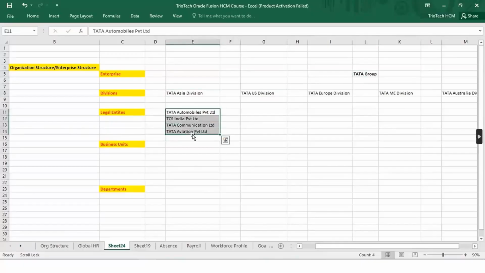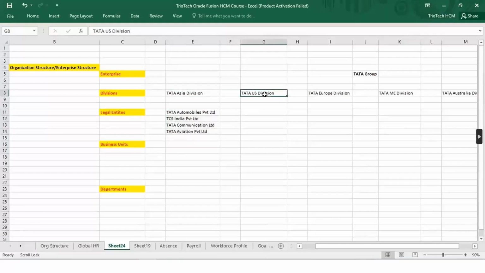Let's assume as of now, for our training purpose, I'm limiting to 4. But really, if you go with Tata, they have many companies in India, they are operating, team. But for example, consider this. So these are the legal entities that our client operates under Asia division.